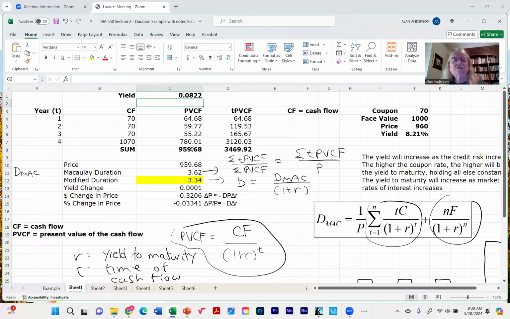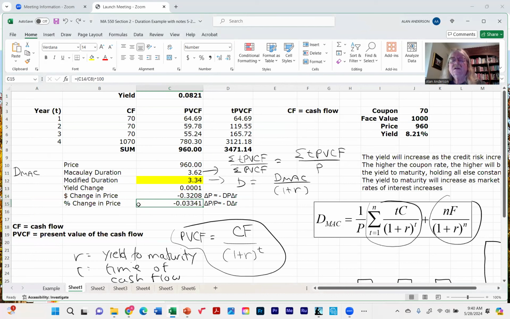The price changed by about 32 cents. It went down, of course, by approximately 32 cents. So I wrote that down here. So you can see the change in price as a result of an increase by approximately 1 basis point. The price went down by about 32 cents.